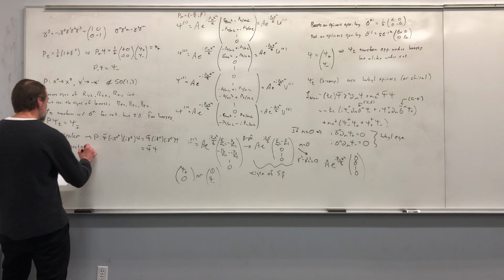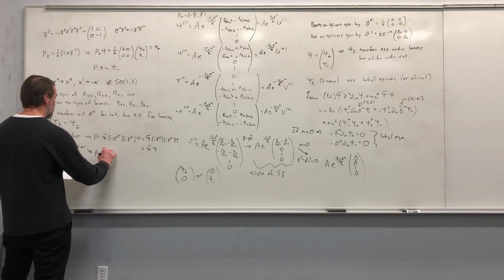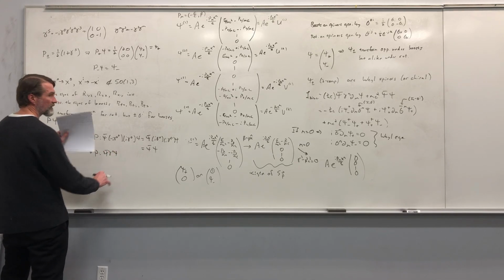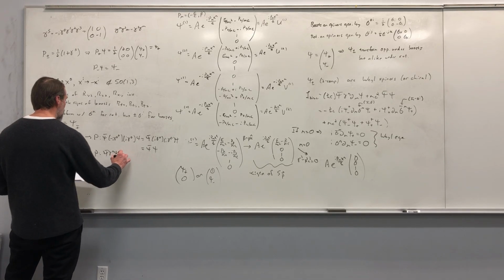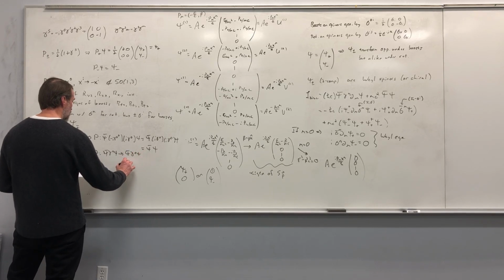All right? So then, obviously, the vectors transform as psi bar gamma mu psi, and the details are written up, but I'm going to skip them for now. This goes to psi bar gamma 0 psi minus psi bar gamma i psi.